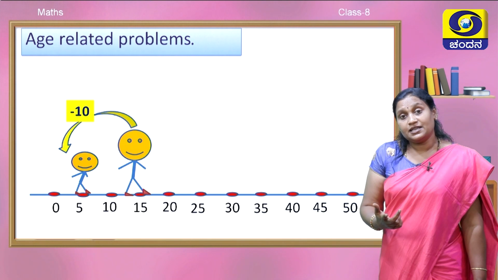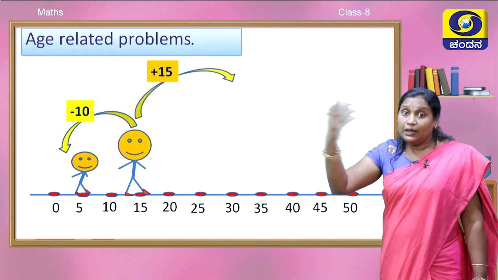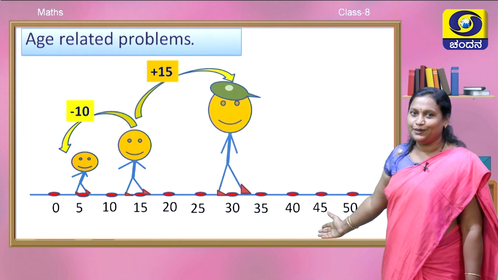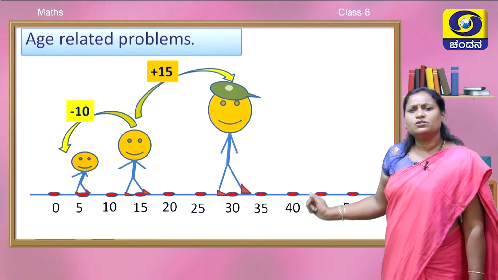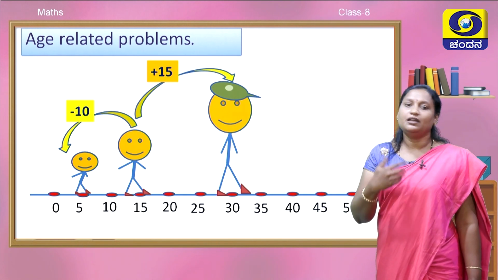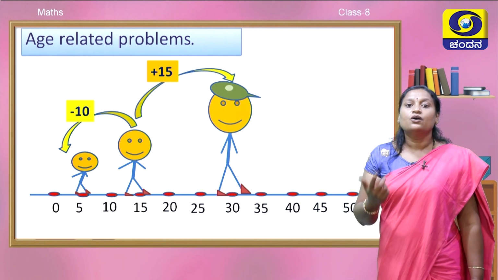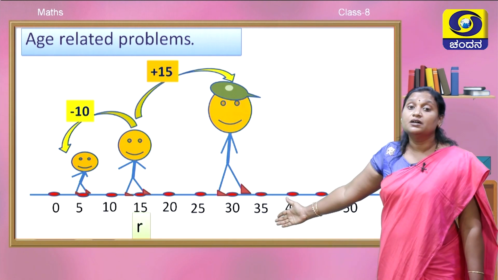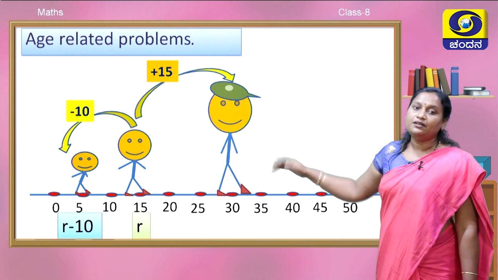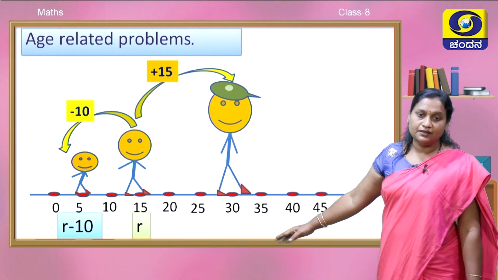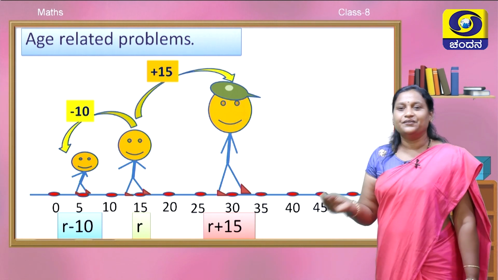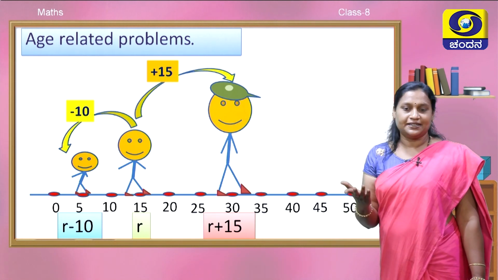Similarly, if I ask what will be his age after 15 years, his age will be 30, right? So, this is a case when you know his age, but if you do not know his age, you will assume his age to be r, you can even take x. Now, 10 years before it will be r minus 10, 15 years later it will be r plus 15. Very easy to write your data, right?